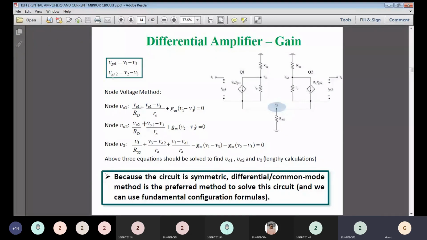So here in the node of V01, what is the value of output voltage we are getting? V01 divided by RD plus V01 minus V3 divided by R0 plus transconductance GM into V1 minus V3. So likewise, we can calculate V02 and also the V3 value. Okay.